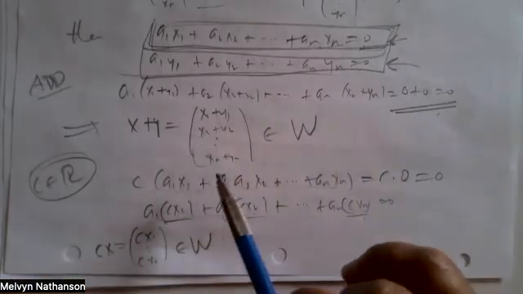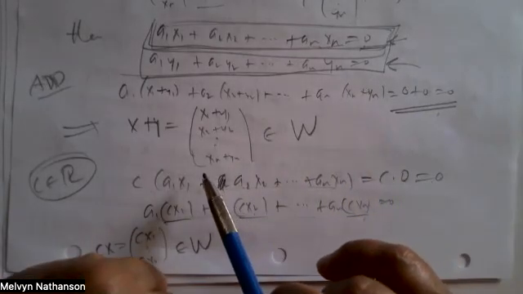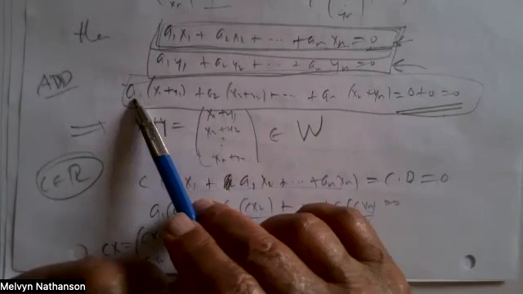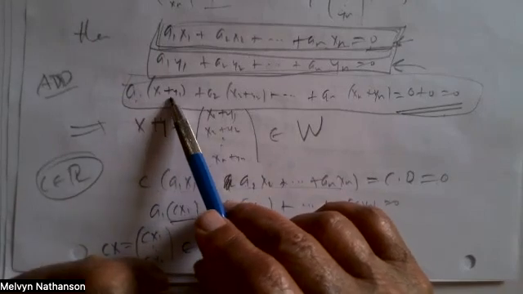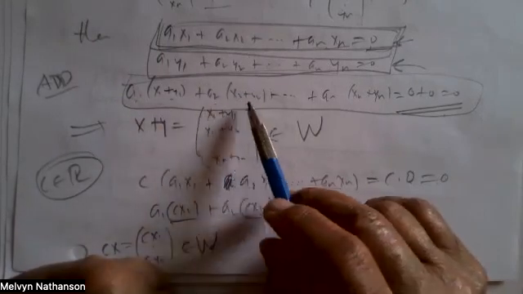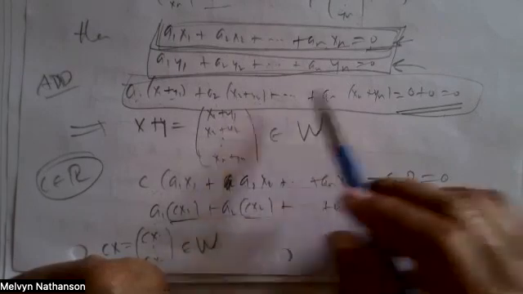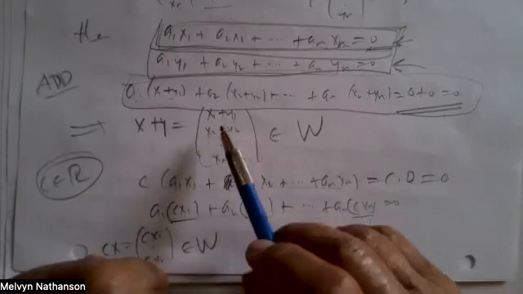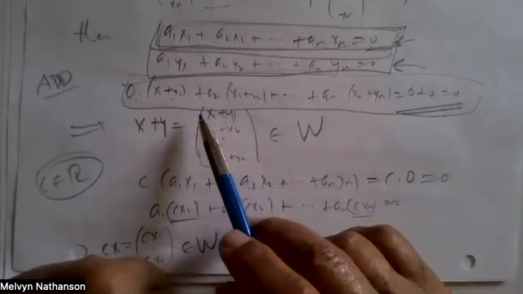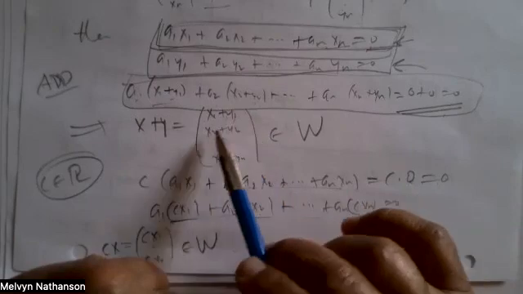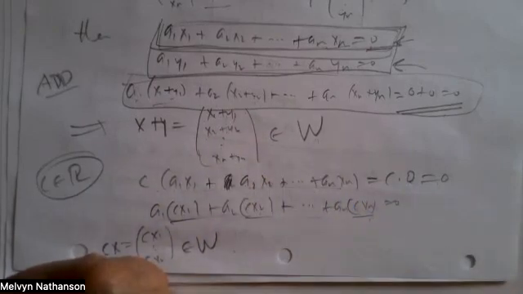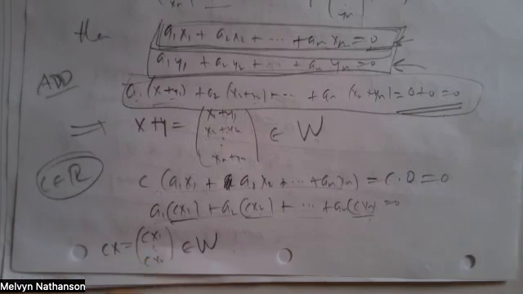Yeah, but how did you jump from that step after you added it? So when I add it, I get this: A1 times the number x1 plus y1 plus A2 times the number x2 plus y2 and so forth gives me 0. That says that the vector with these coordinates, x1 plus y1, x2 plus y2 and so forth, is in the solution space. Okay, yeah, got it. Thank you.